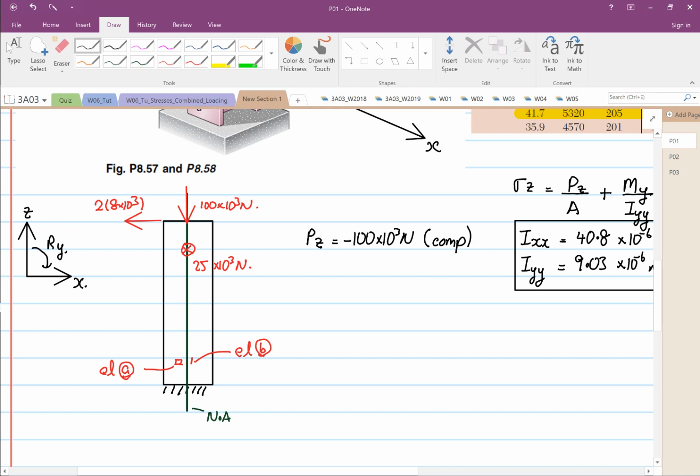So I just put "com". We can immediately declare that element A and element B will be under compression. That's why later on we need to know the area.